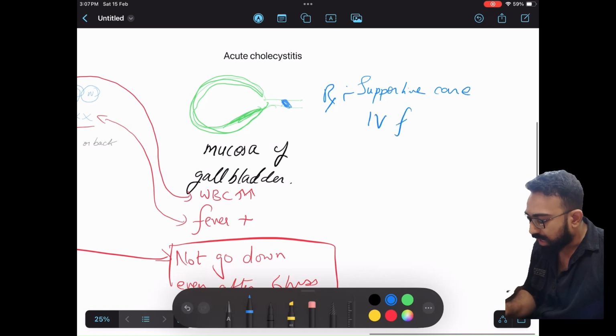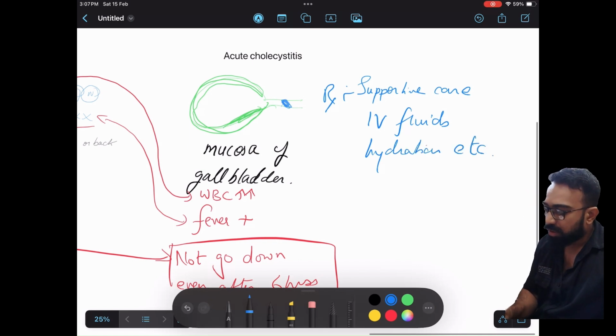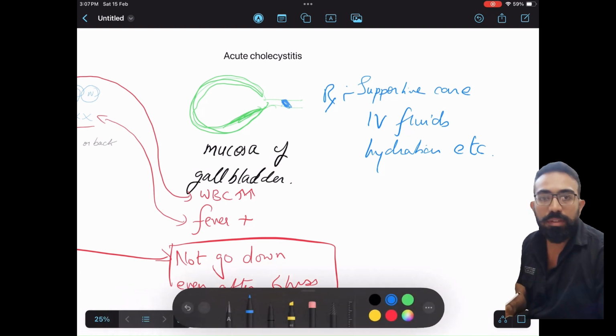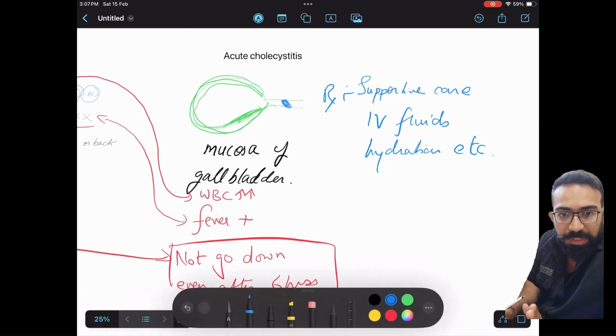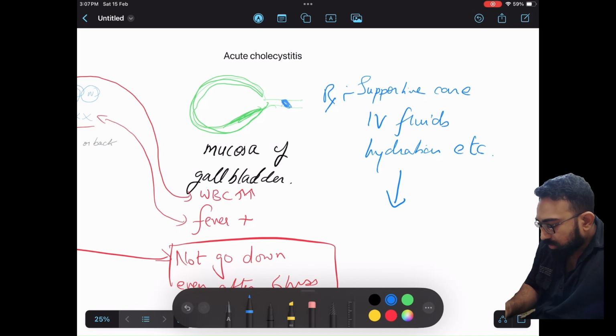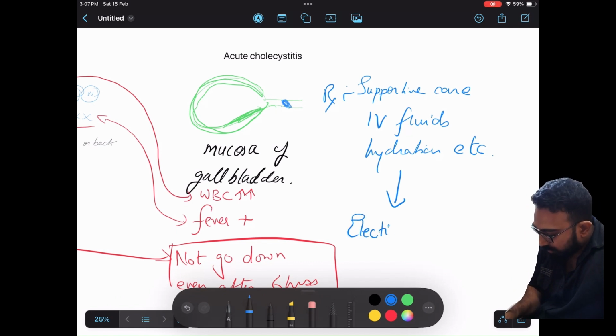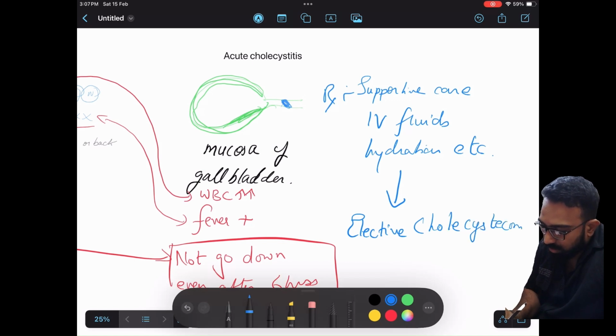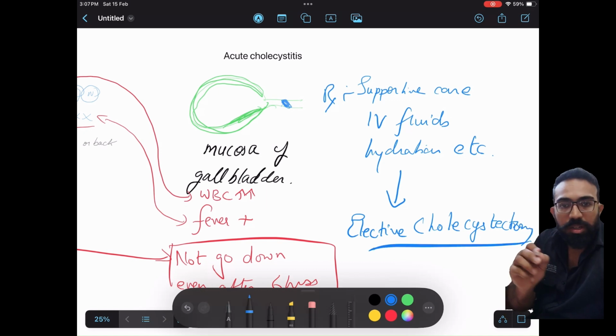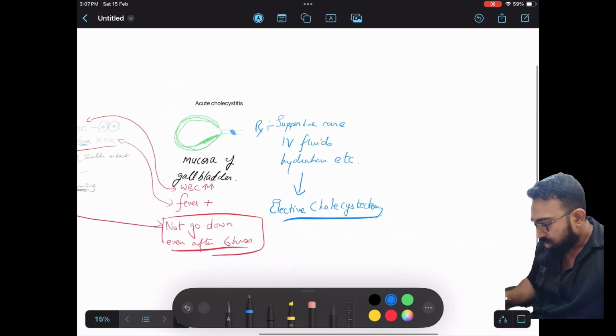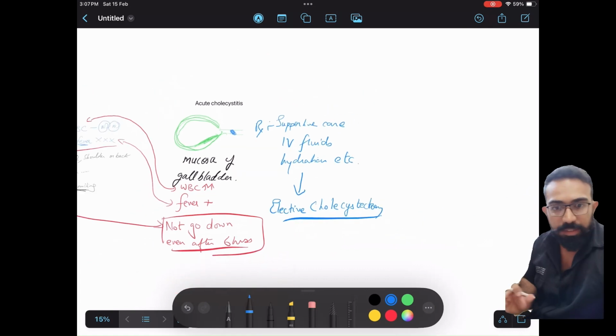You can give IV fluids, hydration, etc. But once the patient is stabilized, once the patient is out of the pain, you have to do an elective cholecystectomy, where you will remove the gallbladder.